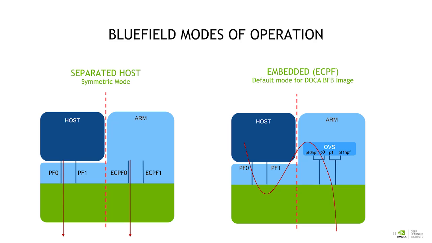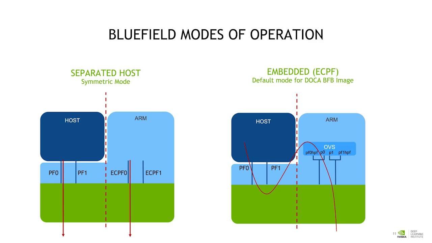There are two major modes of operation for BlueField DPUs. There are a few others, but conceptually, these are the two most important modes of operation to understand packet flow through a BlueField. Separated host mode is also known as legacy mode or symmetric mode. In this mode, both the host and the embedded ARM CPU share control of the embedded switch and physical port functions.